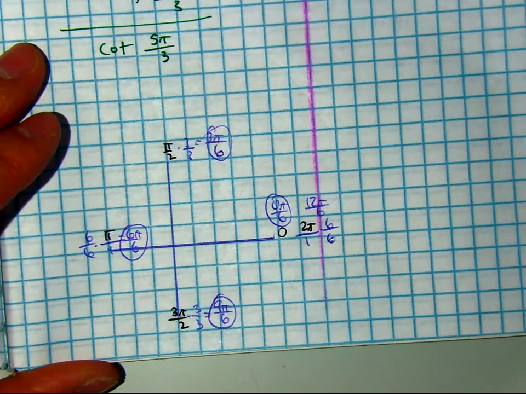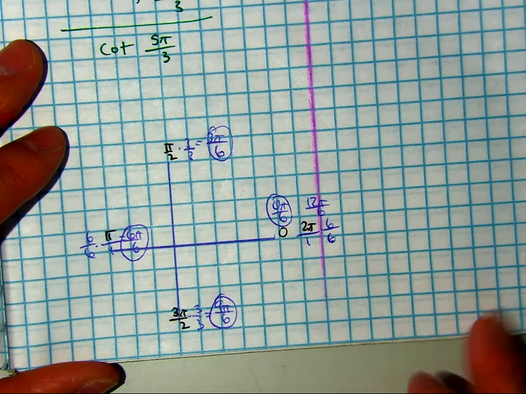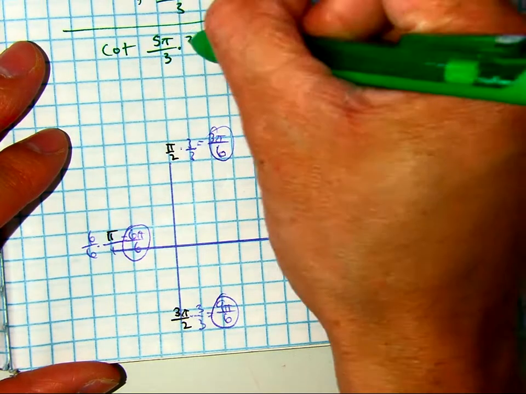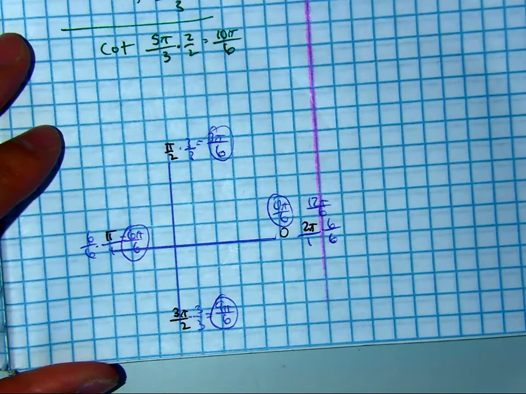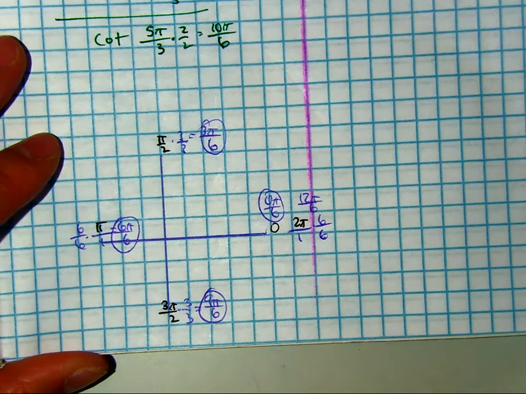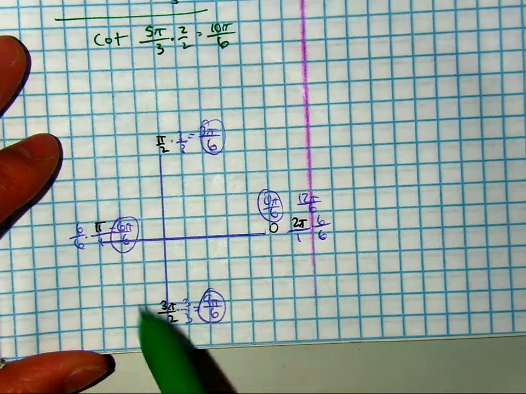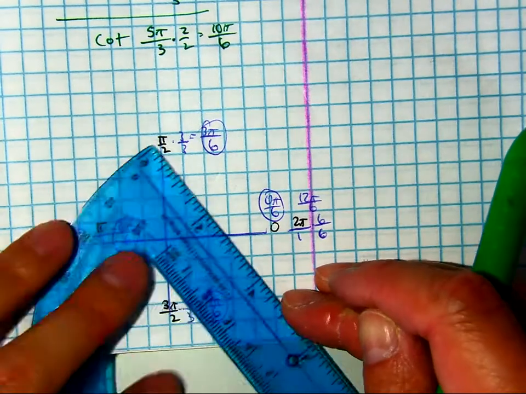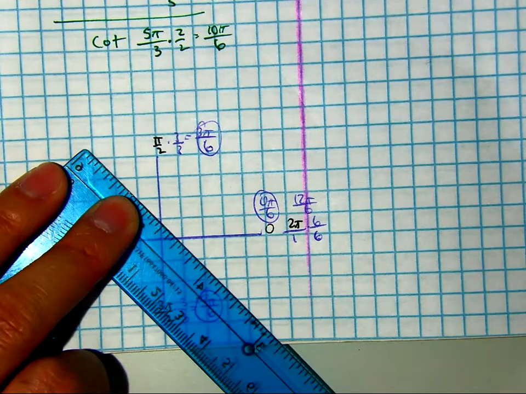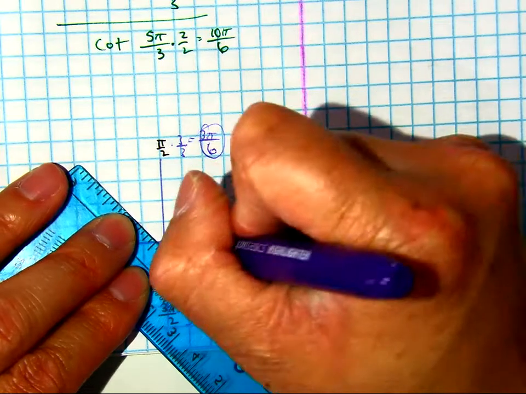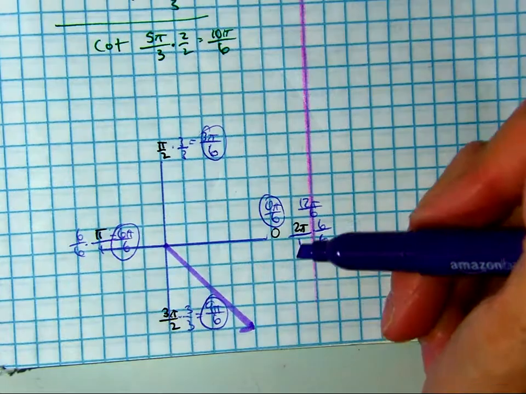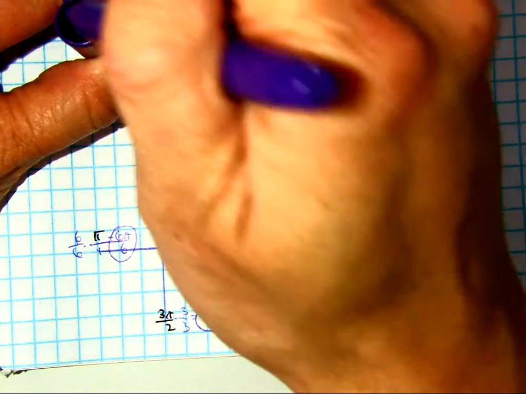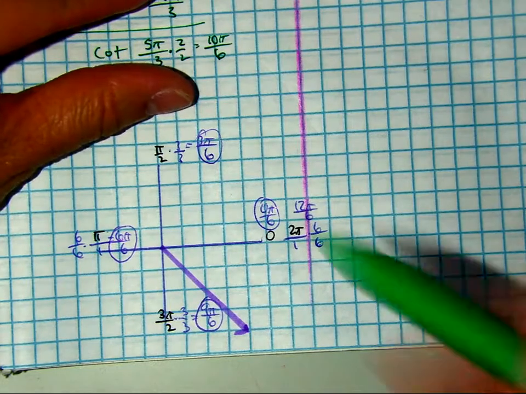Put your finger where 10 pi over 6 would be. 0, 3, 6, 9, 10 should be here in quadrant 4. Here's my terminal side. Class, how do I make my reference triangle?